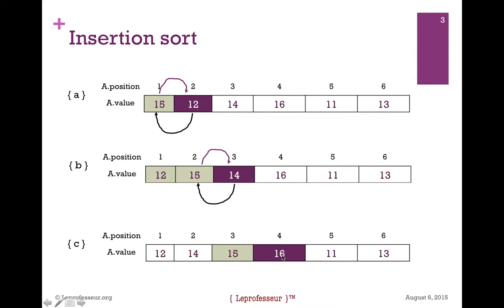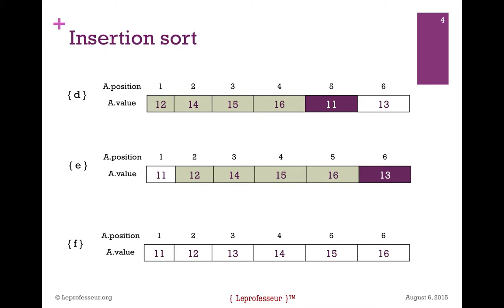So at position number 4, 16 is stored. We do the same operation. We check number 16 with the previous position, and we find that 16 is bigger than 15. So we do not have to move number 15 to the right, to position number 4, and we end this inner loop, and 16 remains at position number 4.